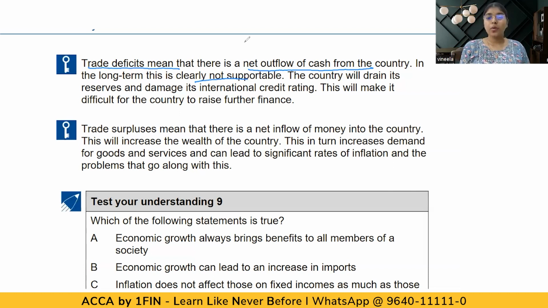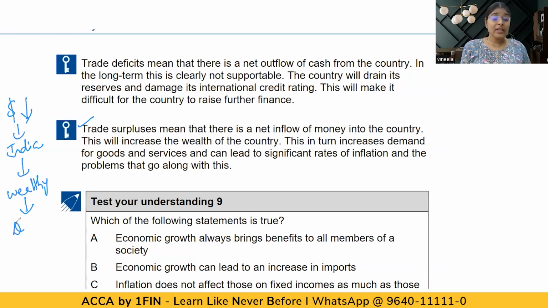So, okay, fine. What about the trade surplus? See, simple thing. More dollars are coming into India. As more dollars are coming into India, the country will become wealthy. As the country becomes wealthy, demand for goods increases. When demand increases, assume that your supply remained constant.